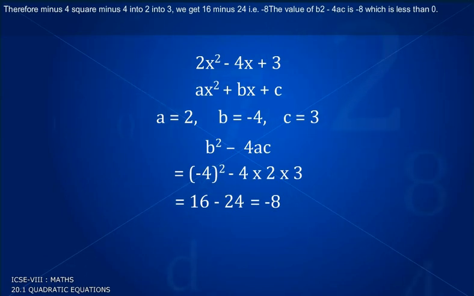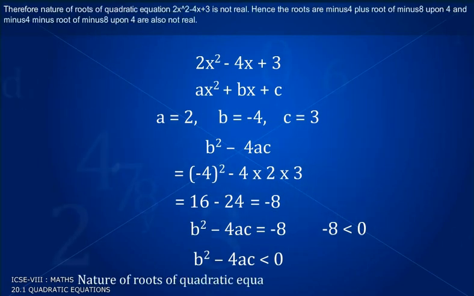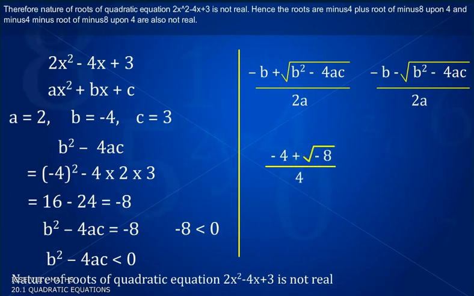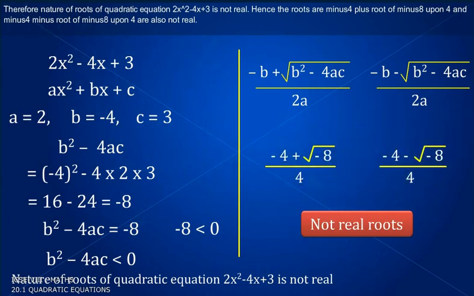We get 16 minus 24, that is minus 8. The value of b square minus 4ac is minus 8, which is less than 0. Therefore, nature of roots of quadratic equation 2x square minus 4x plus 3 is not real. Hence, the roots minus 4 plus root of minus 8 upon 4 and minus 4 minus root of minus 8 upon 4 are also not real.